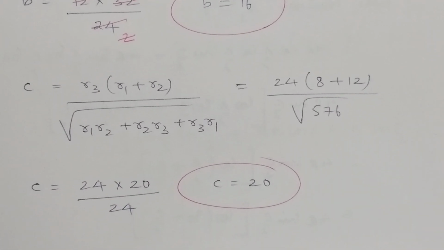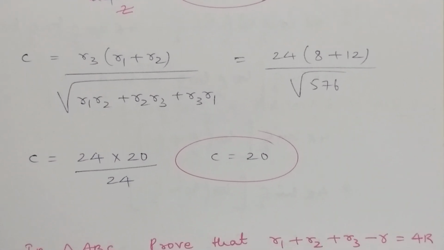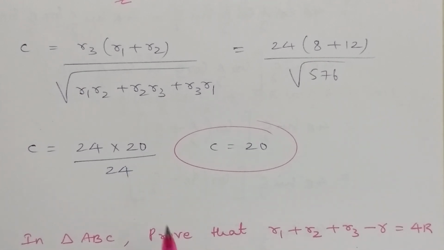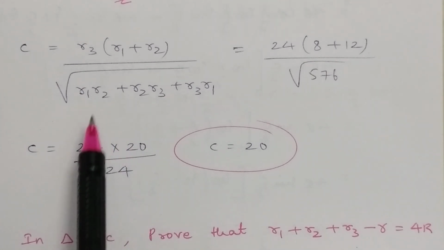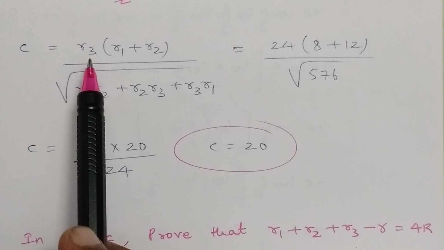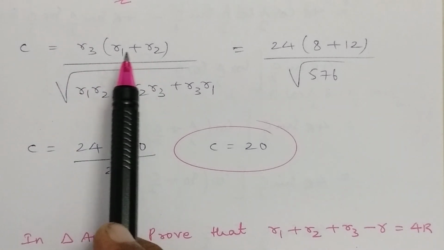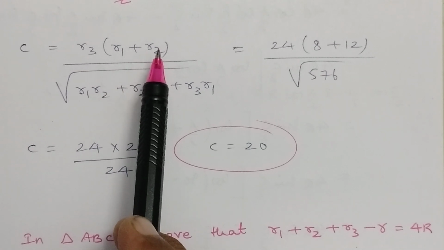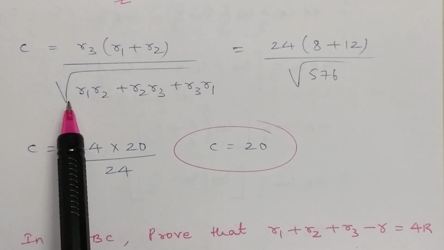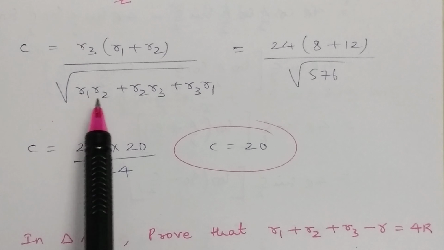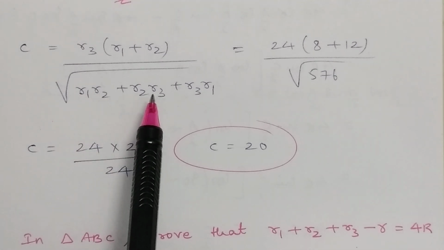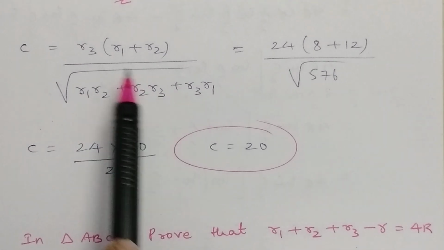So B equals 16. C equals, alphabetically C is 3, so R3 is outside, and the rest, R1 and R2, are inside: R1 plus R2 by the same denominator for A, B, C, root over R1 R2 plus R2 R3 plus R3 R1.